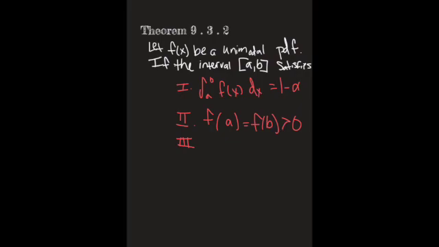And the third thing that it needs to satisfy is that a is going to be less than or equal to x star, which is less than or equal to b. And for this, we need to keep in mind that x star is a mode of f of x.